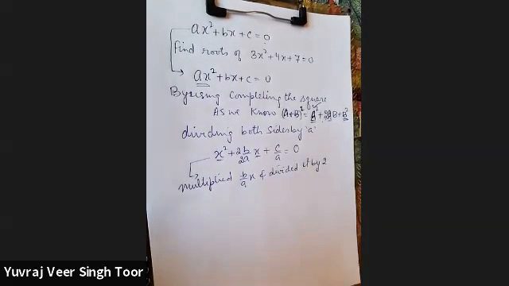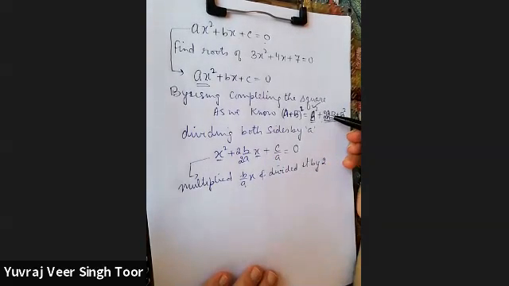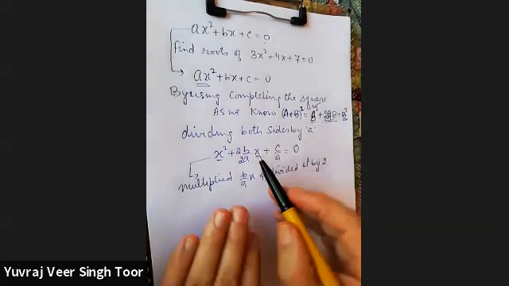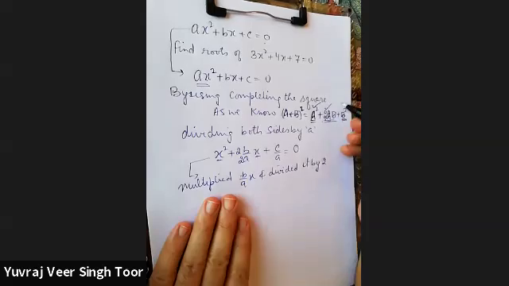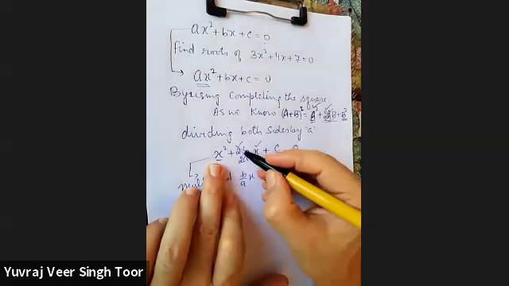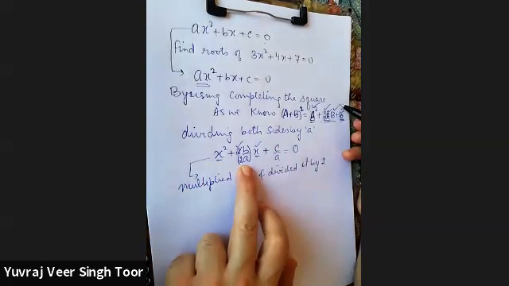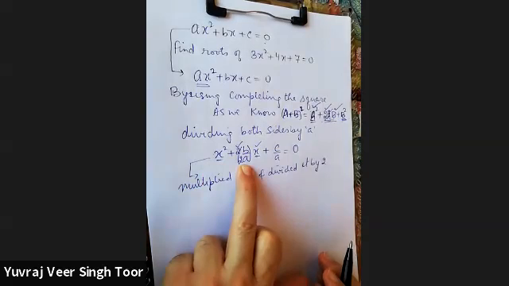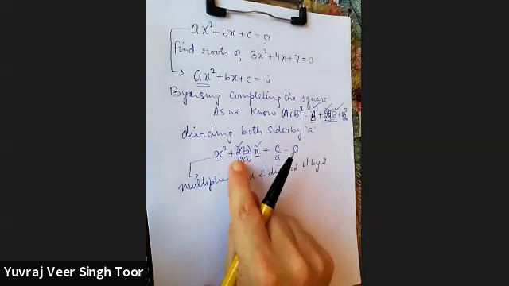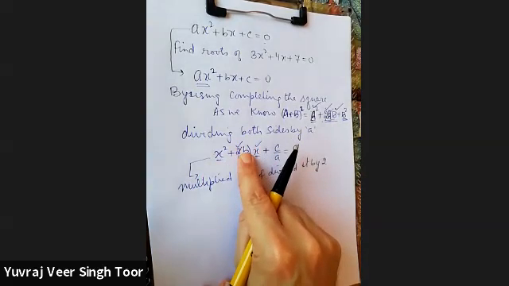Why I'm doing so? So that it should look like this term. So is it similar to this term? We have 2, fine. We have the same base of the square, yes. So what is this? This is the b of this term. So second term has 2a and whatever is left here is b.